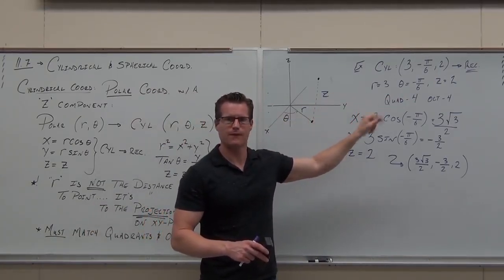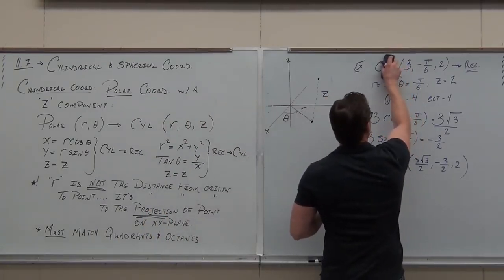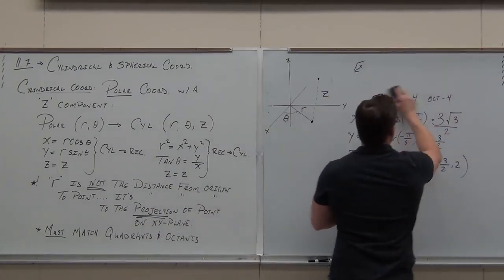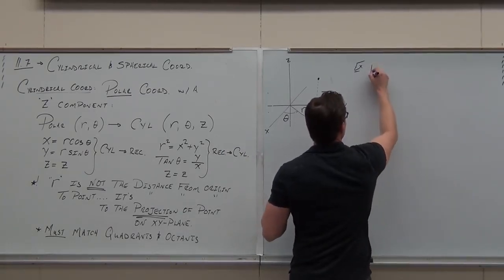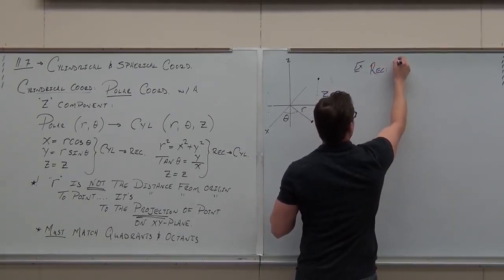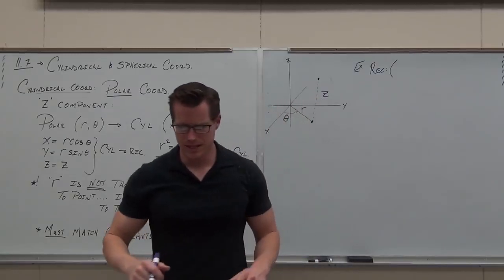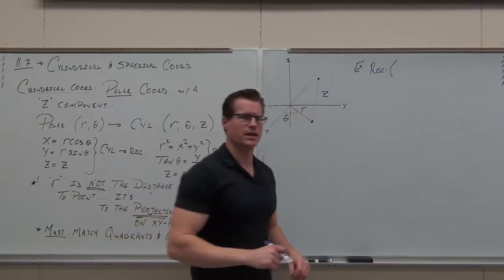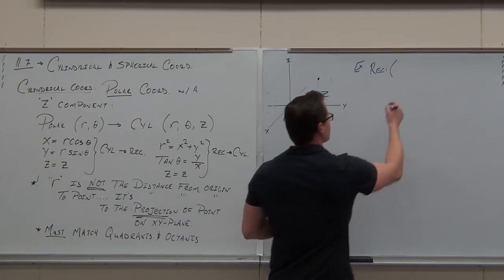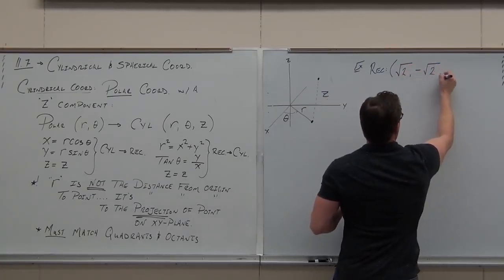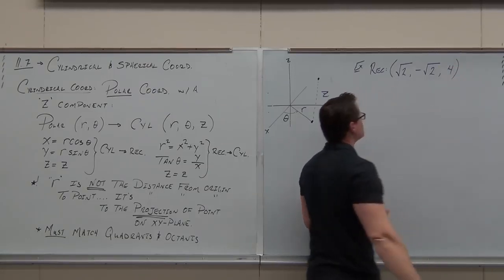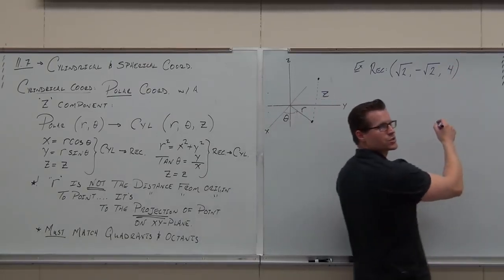Okay. So rectangular, I'm going to give you square root of 2, negative square root of 2, and 4. And I want to change this to cylindrical.